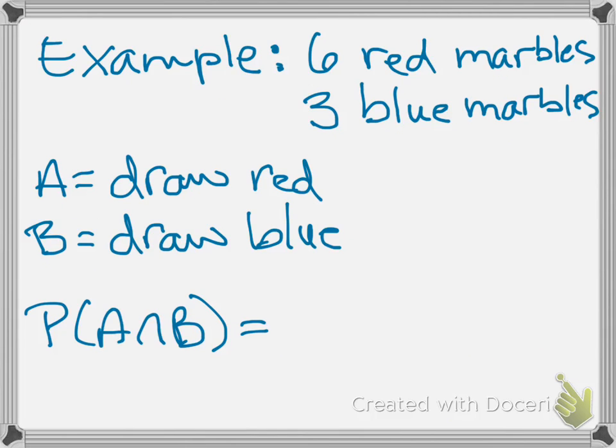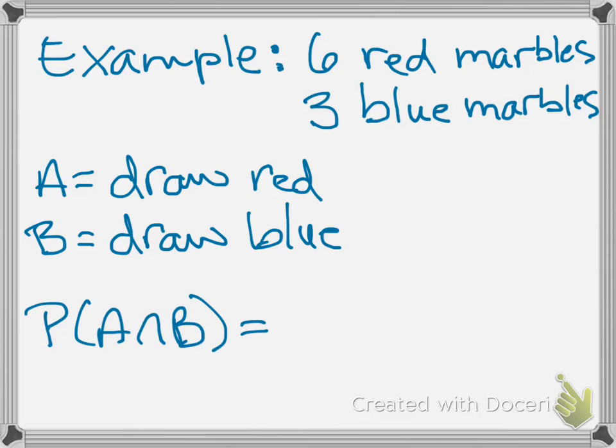So let's do an example. Let's suppose that we have that fun bag of marbles again. This time we've got 6 red marbles and 3 blue marbles in our bag. We're going to call event A the situation that we draw a red marble, and event B is the situation that we draw a blue marble.